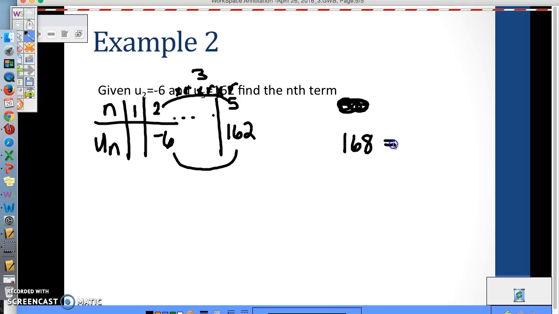So 168, that would be, let's see, that won't be r cubed there. Our ratio, it would be 2 times r cubed would give us something seems a little off here.